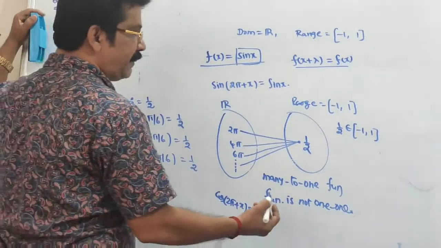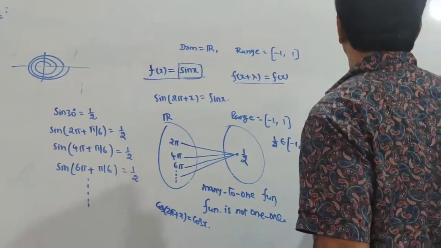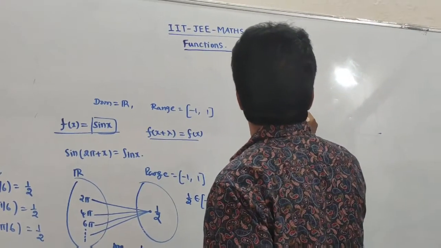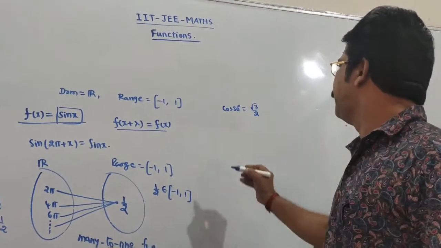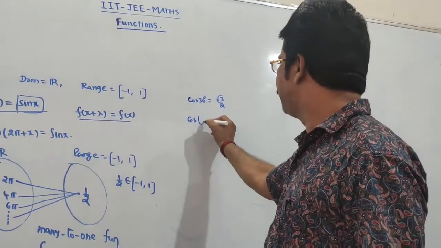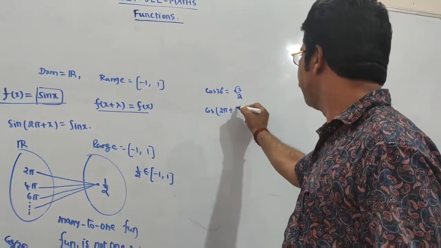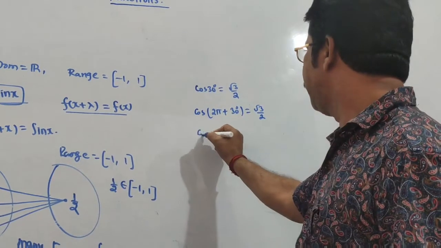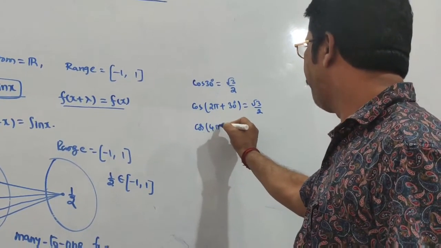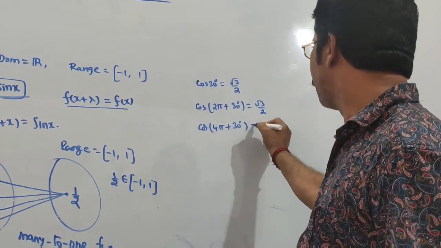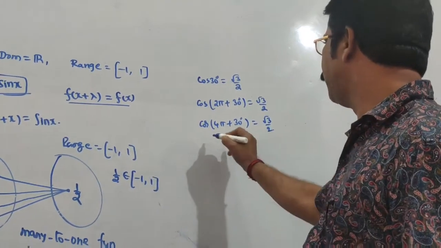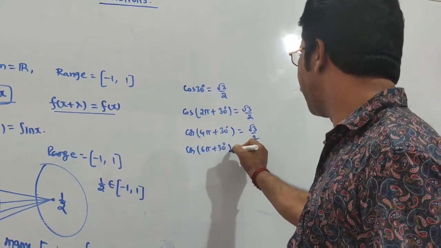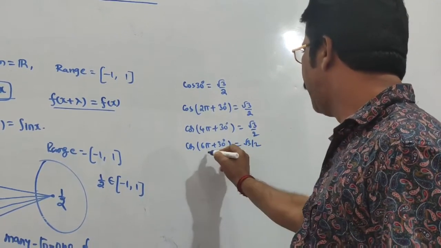Let us take one number, cos 30 degrees, which equals root 3 by 2. Cos of 2 pi plus 30 degrees is also root 3 by 2. Next, cos of 4 pi plus 30 degrees is also the same value, root 3 by 2. And cos of 6 pi plus 30 degrees is also root 3 by 2, and so on.